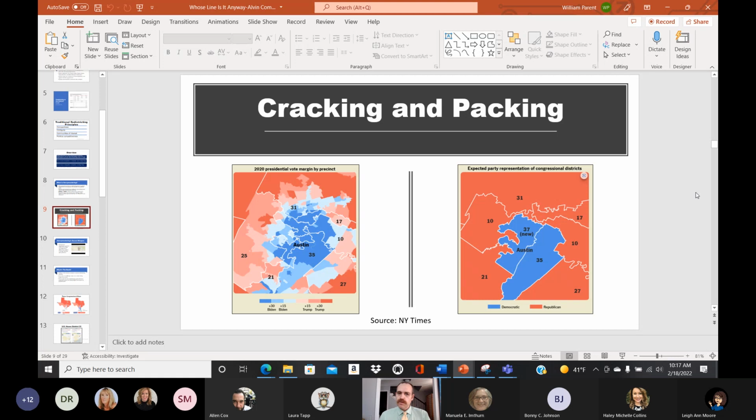Cracking, so the tools used by, in this case, the state legislature, when it comes to trying to maximize the number of Republicans who hold office, is to, in some cases, dilute the influence of the minority party.